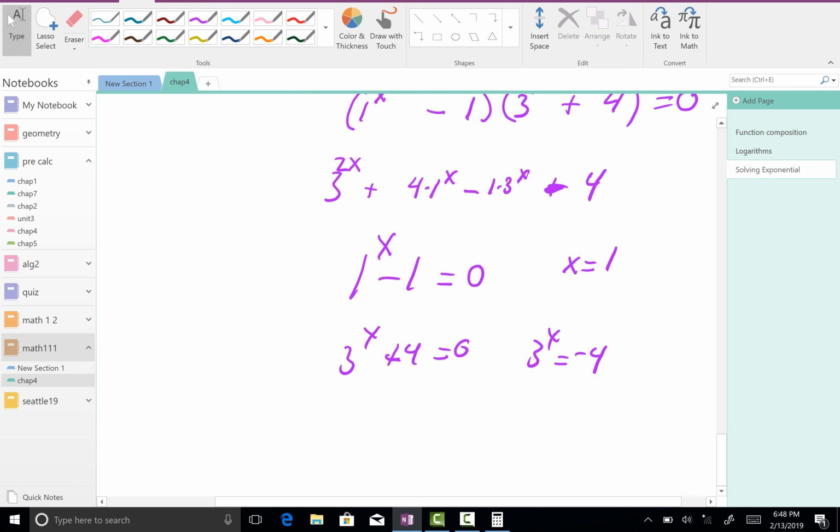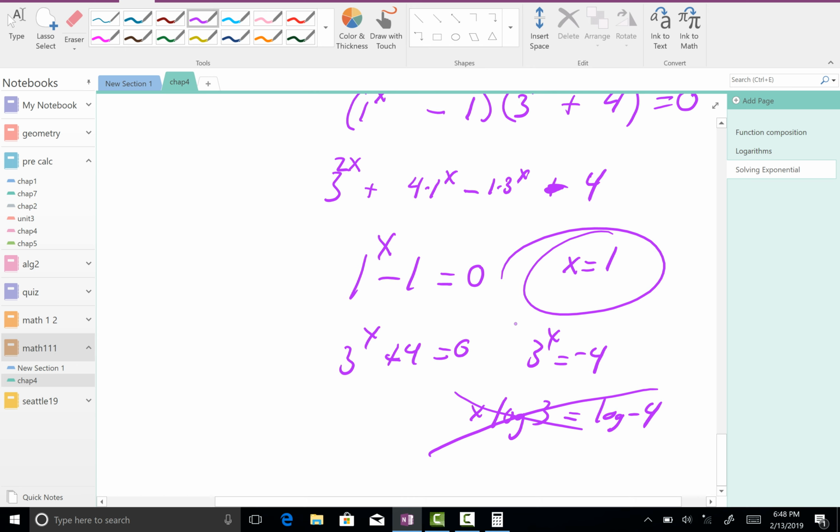And then if we logged it, the problem is you can't take the log of a negative, so you'd have to throw that solution out altogether. But we wouldn't have that on a test.